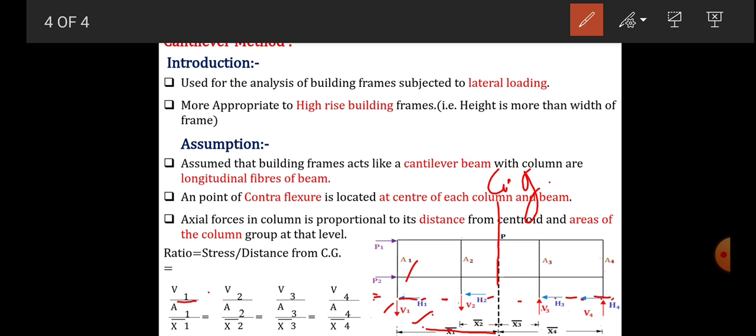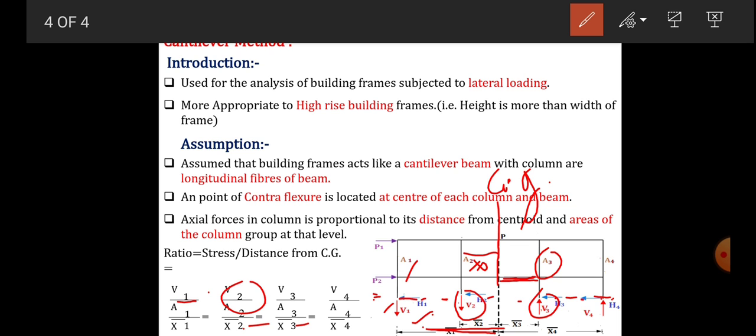So V1 divided by area A1, divided by the distance x1 bar with respect to the CG for this column, is equal to V2 divided by A2 divided by x2 bar, which is equal to V3 divided by A3 divided by x3 bar.